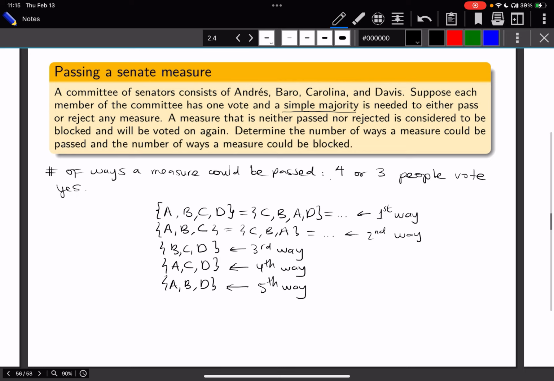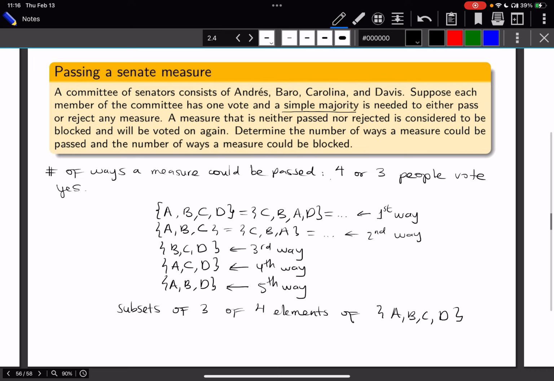What we have listed are subsets of 3 or 4 elements of the set A, B, C, and D. There are 1, 2, 3, 4, 5 of those subsets, so we can say that there are 5 ways in which a measure could be passed.